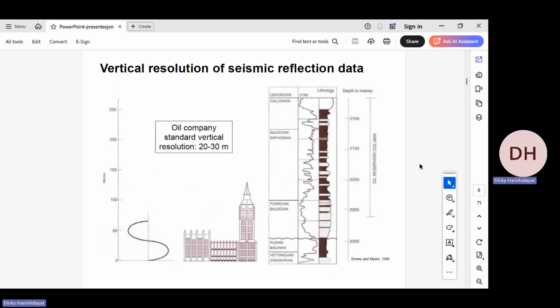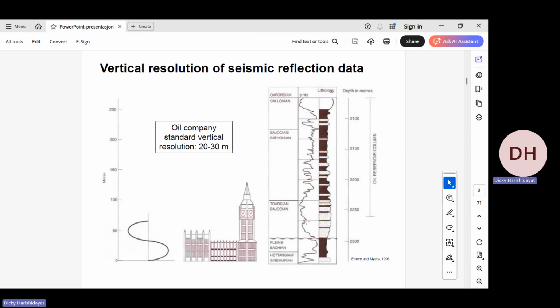Another important thing in seismic reflection data is vertical resolution, where you have to deal with this kind of vertical resolution. For instance, one wiggle of a seismic section might correlate to a Big Bang in London.